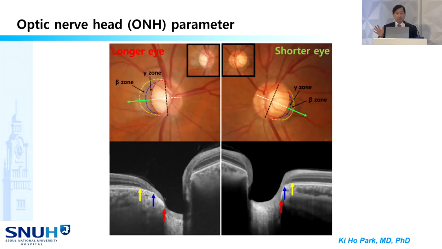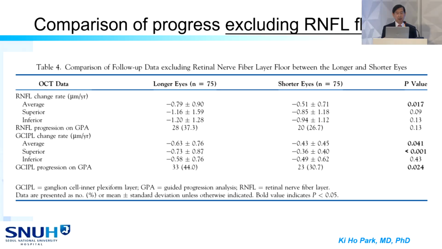Also, the longer eye showed a larger beta and gamma zone peripapillary atrophy and a higher ovality index. An interesting finding was that RNFL change in microns per year and GCIPL change in microns per year were faster in longer eyes compared to the shorter eye.